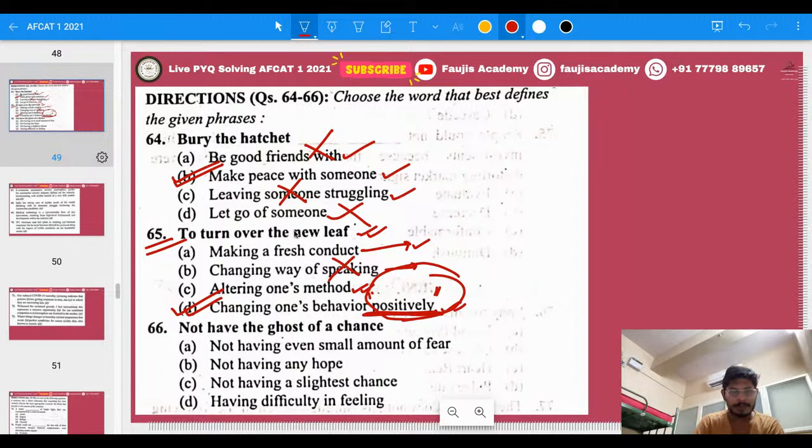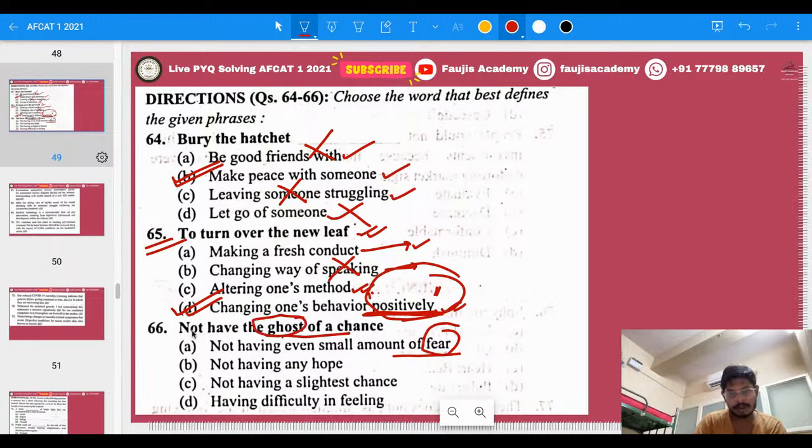Not have the ghost of a chance. What do you mean by ghost of a chance? Not having even the small amount of fear. Guys, look, whenever they talk in the literal sense, over here is ghost, over here is fear.